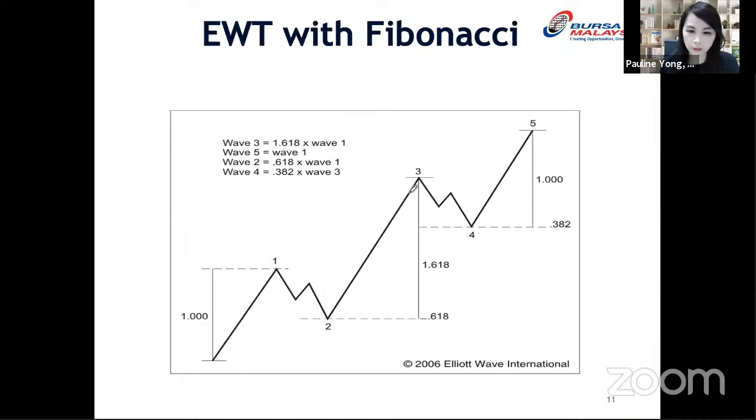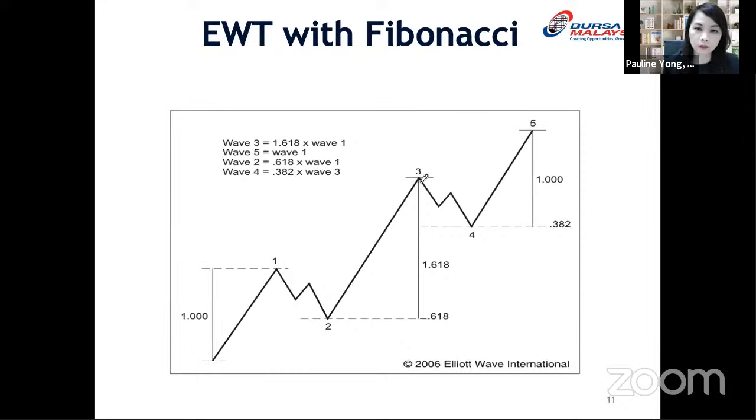And this one is a perpendicular height, and you measure this height. Then compare it to another height: wave 1 will have its swing high and swing low, perpendicular, and you measure what that is. So for example, let's say this one is 1 ringgit. The height here is 1 ringgit.